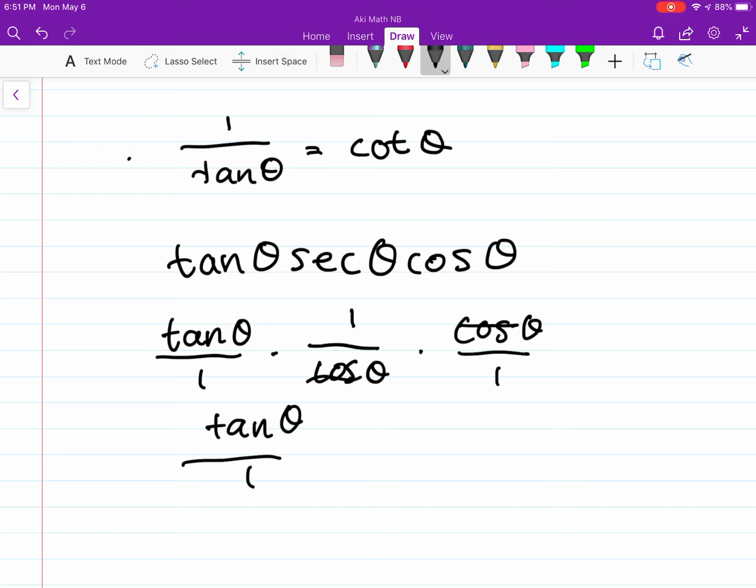And that's what that's supposed to equal in the end, right? Or you simplified it. Okay, so let's try a more challenging one.